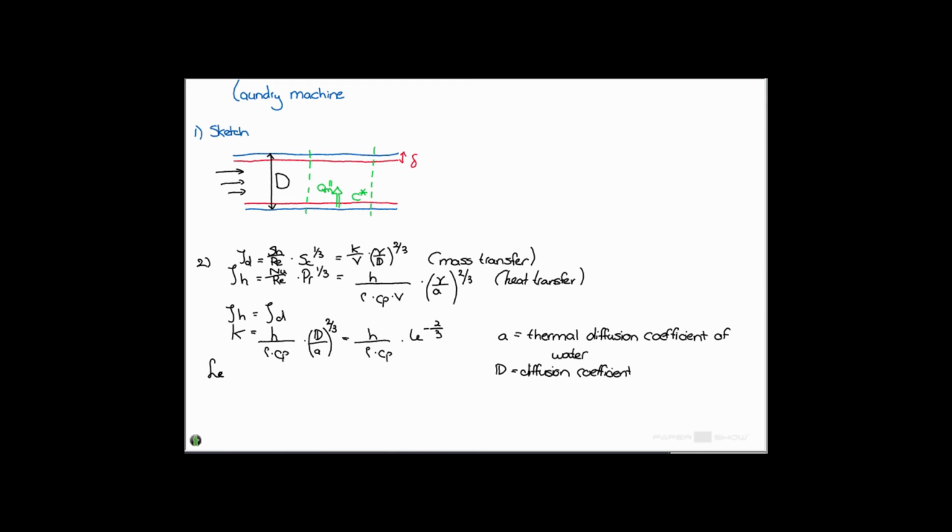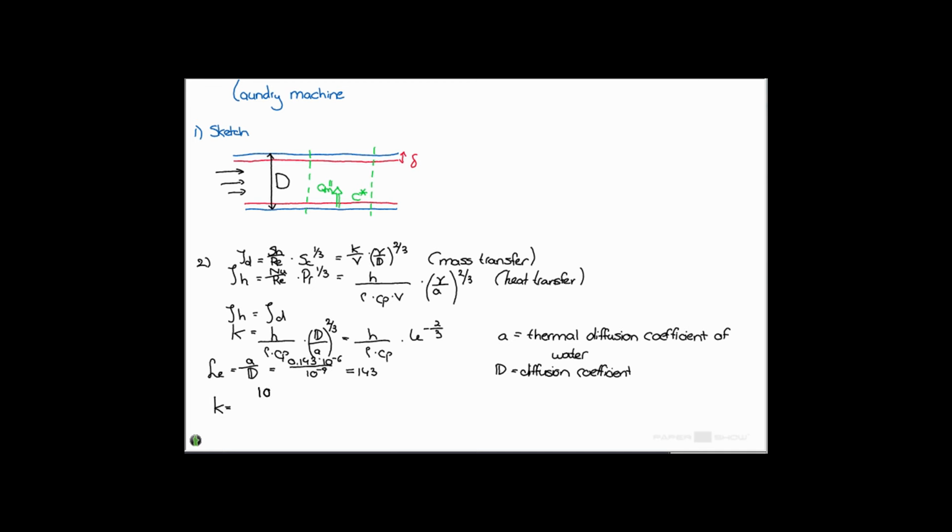Now let's first calculate the Lewis number. So the Lewis number is A, the thermal diffusion coefficient of water, divided by the diffusion coefficient of the sediment. So A is 0.143 times 10 to the power of minus 6, and the diffusion coefficient is 10 to the power of minus 9. This equals 143.